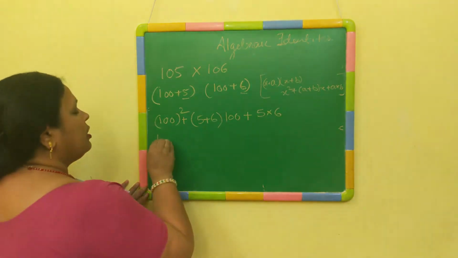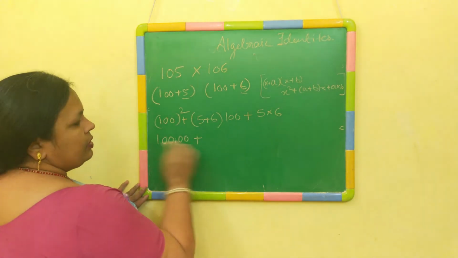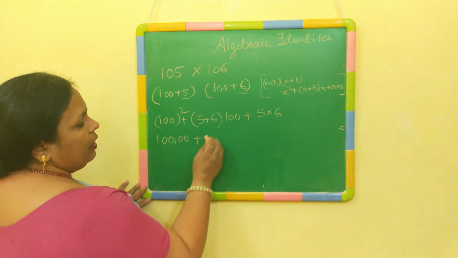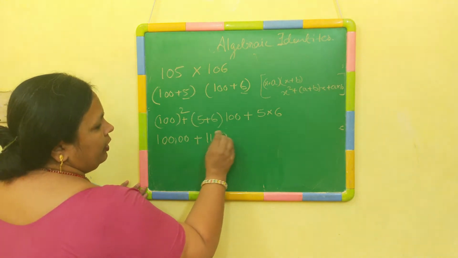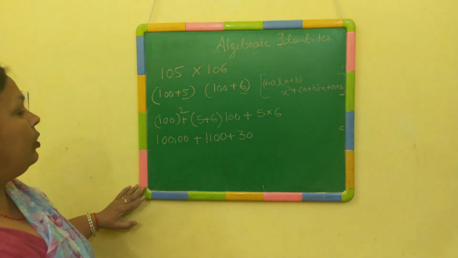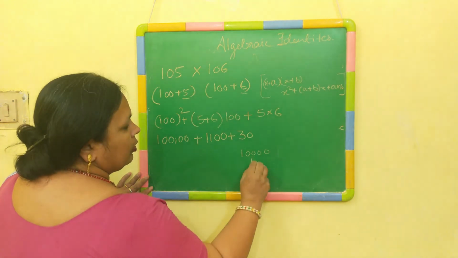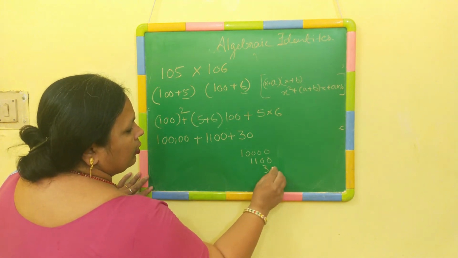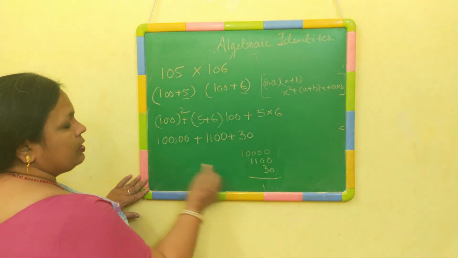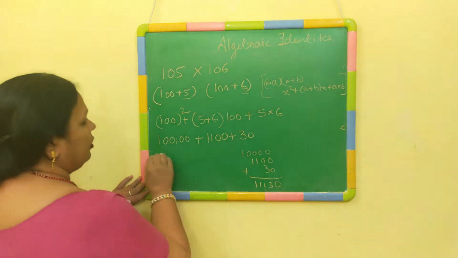This means 10,000 plus this is 11, 11 into 100 is 1100 plus 30. So the answer is, when you add, 11130.